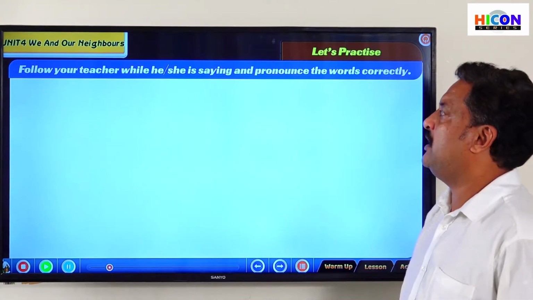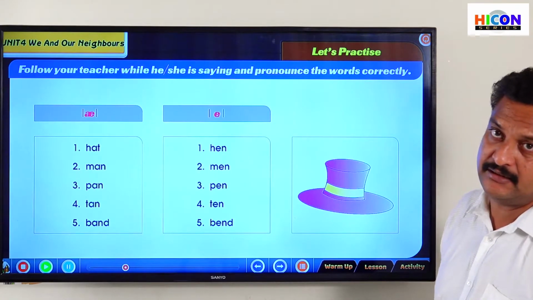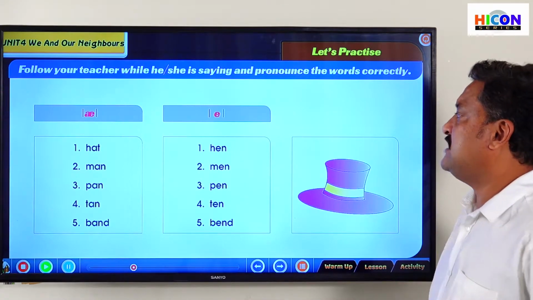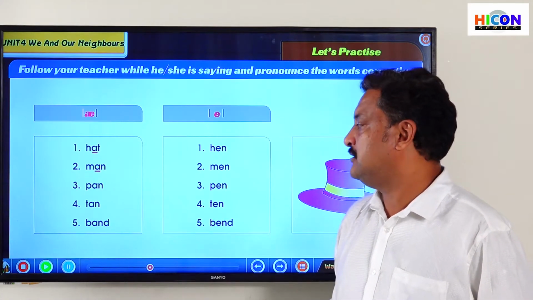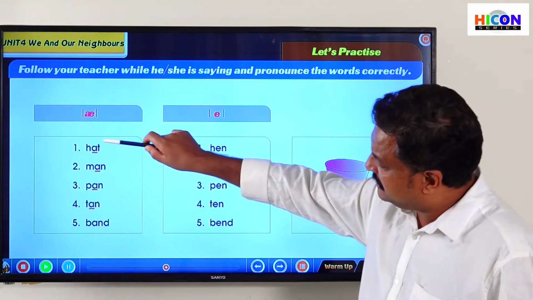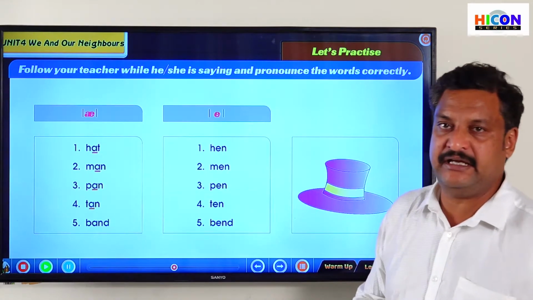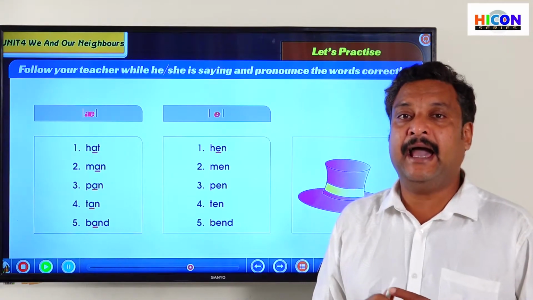Follow your teacher while he or she is saying and pronouncing the words correctly. We have two sets of words here, one with A and the second with E. In these five words, the letter A has to be pronounced as the short a sound.